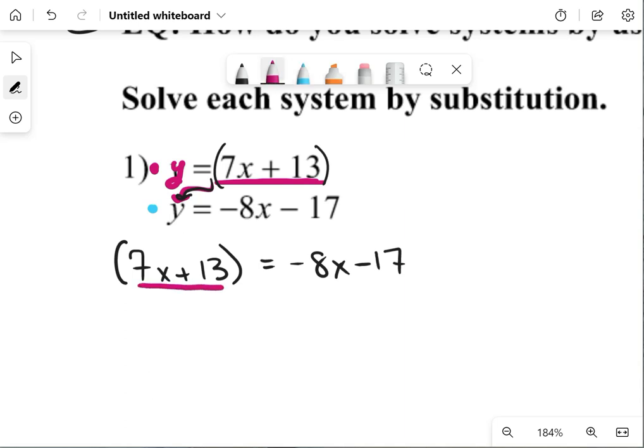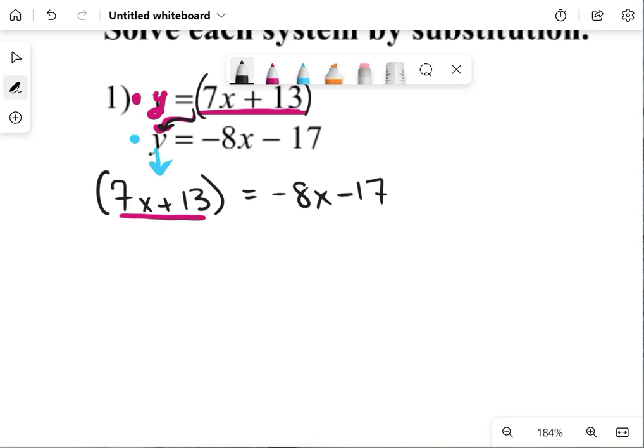So that is substitution. Now once you have that, it's just a regular old algebraic equation. If you remember adding 8x to one side, we're just solving for x from there. So step one, substitute.